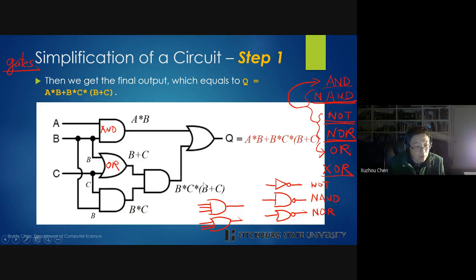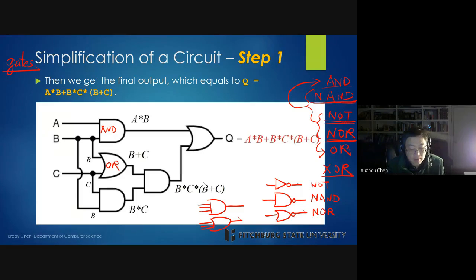Now, the good thing about this is that you can build digital electronic circuits by using the logic, by using the Boolean expression. So you can find a relationship between Boolean expressions and electronic circuits.